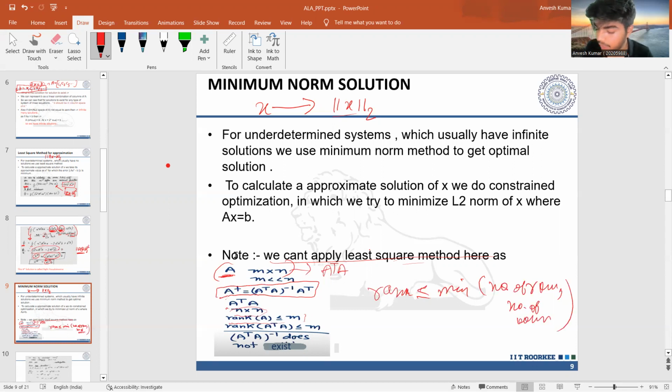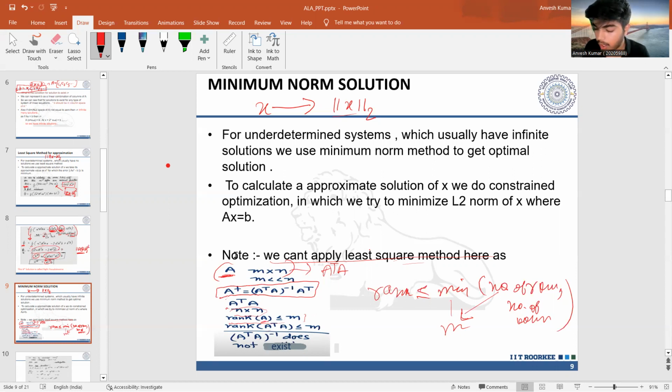Here the minimum is M, which is the number of rows. So if rank of A is less than or equal to M, rank of A transpose A will also be less than or equal to M. This is a theorem.